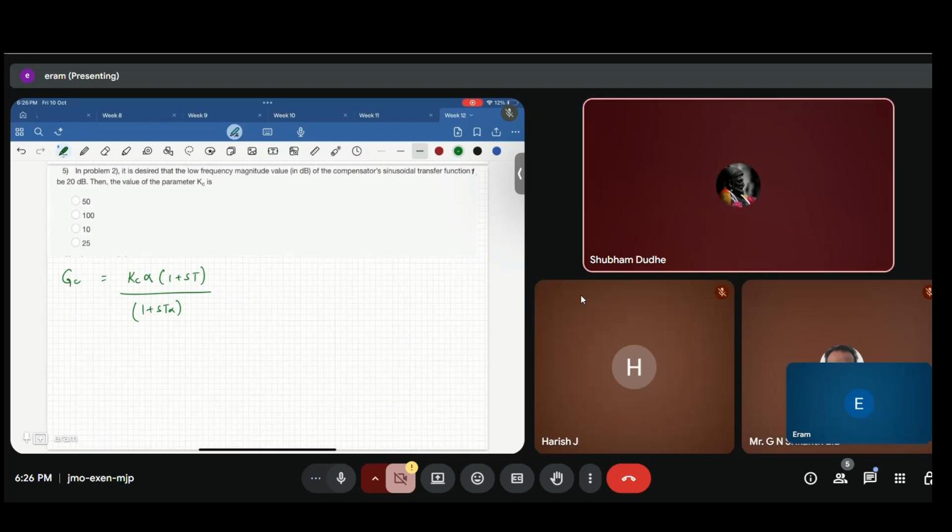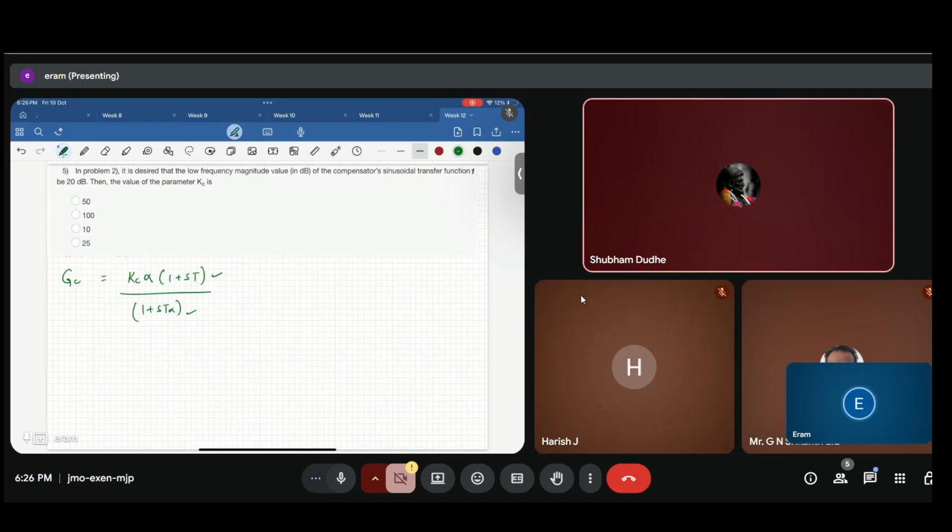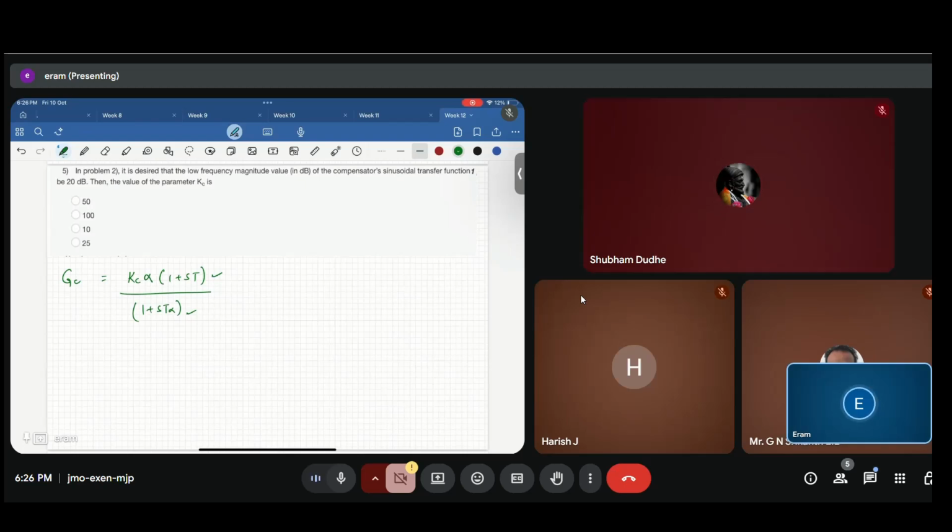We don't have any pole and zero at the origin. We have a zero at minus 1 by T and a pole at minus 1 by alpha T. We don't have any pole and zero at origin. So our low frequency magnitude will just be 20 log Kc alpha, and we are given that it should be 20.